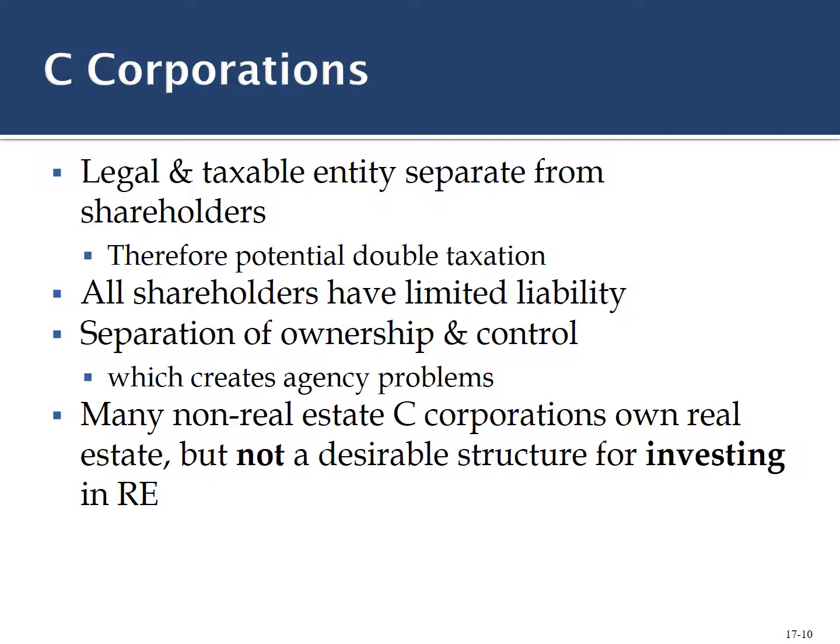Because they are looked at as a separate entity, any property held or any investment or businesses held as a C corporation are subject to double taxation, meaning that profits are taxed at the property level, and then they would also be taxed as a distribution or a dividend to the individual shareholders of that C corporation.